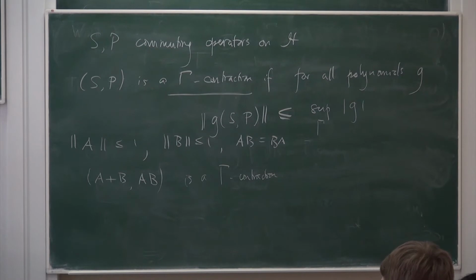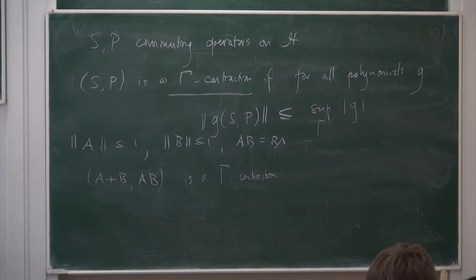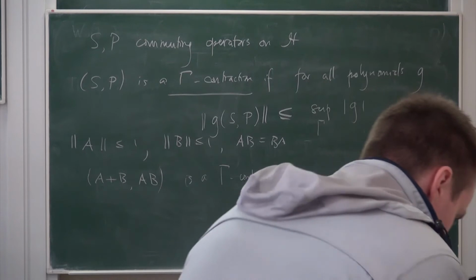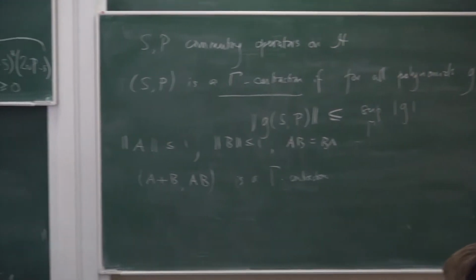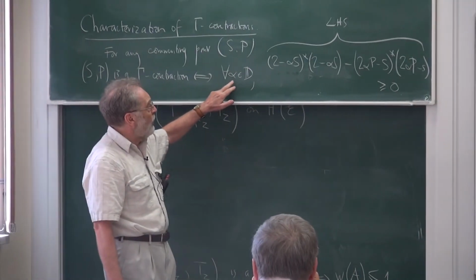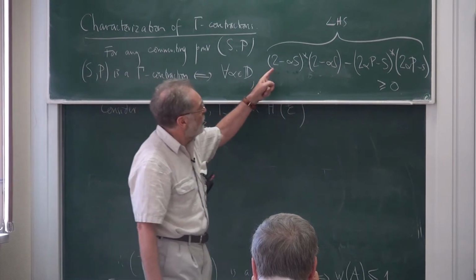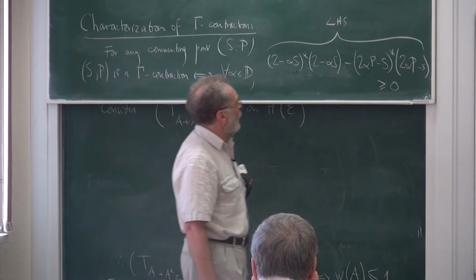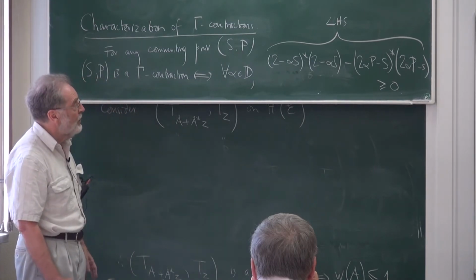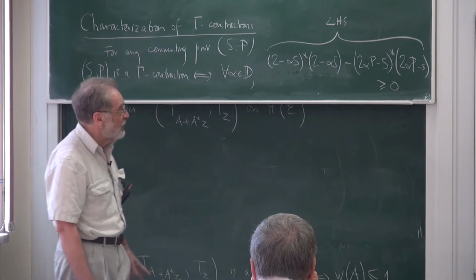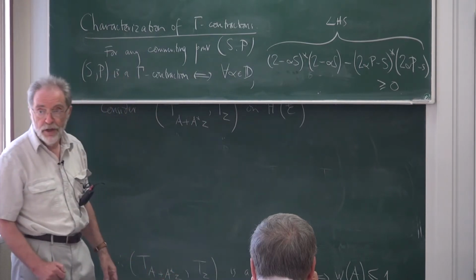We have a very useful characterization of gamma contractions. If you have a commuting pair of operators, S comma P, then it turns out that S comma P is a gamma contraction if and only if for every alpha in the disk, this operator here, (2 minus alpha S)star(2 minus alpha S) minus (2 alpha P minus S)star(2 alpha P minus S), is a positive operator.